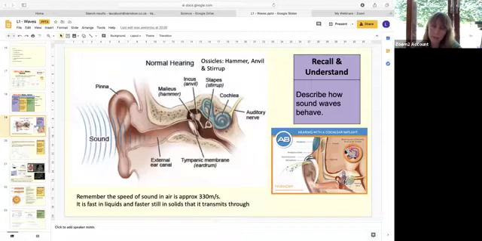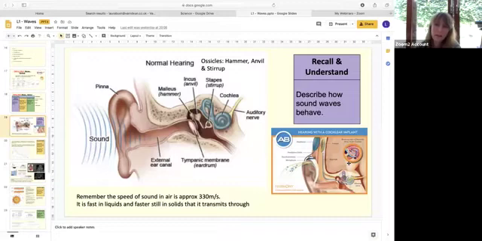So that's how people who are profoundly deaf, who generally have a problem with their cochlea, where those little micro hairs don't function properly, can still hear. A microphone picks up the sound vibrations here, and then it all travels down through there like that.